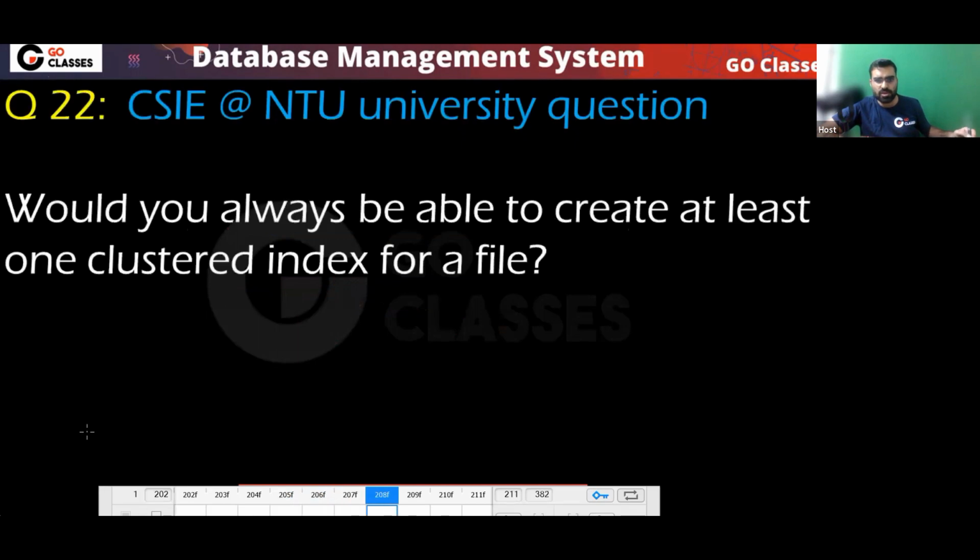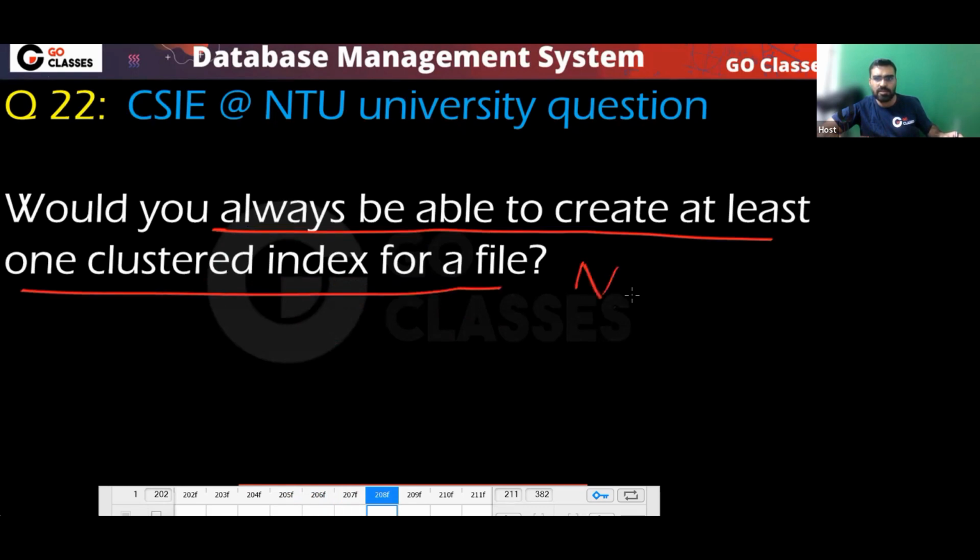What is the answer for question number 22? Would you always be able to create at least one clustered index? And this we have already seen, the answer is no. Because if your file is a heap file, then you cannot create one. Also, if your file is sorted by key, yes or no?